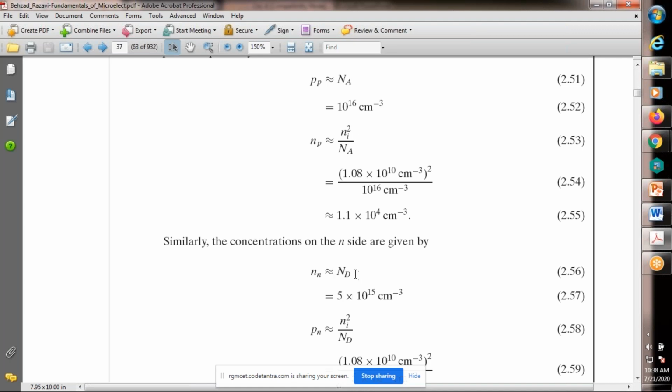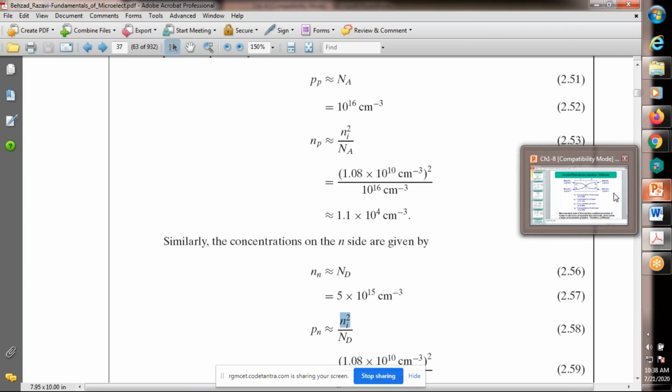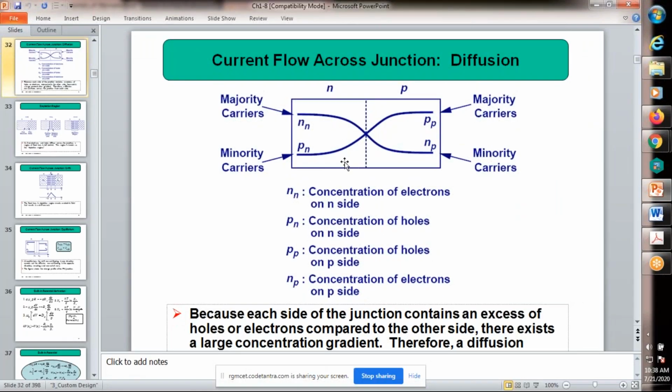So majority carriers depend upon either donor atoms or acceptor atoms. Minority carrier densities depend upon temperature. Remember, this concept is important. Minority carrier densities always depend upon temperature, whereas majority carriers always depend upon donor or acceptor atoms. Observe, coming to this level here.